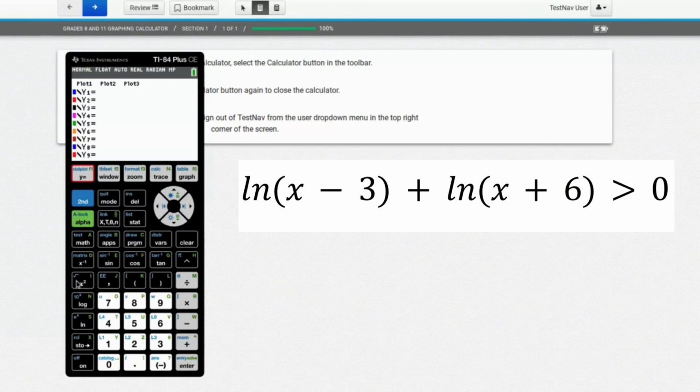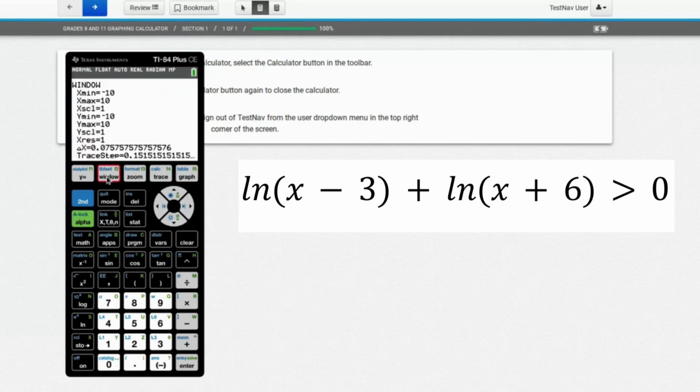So we hit y equals, we hit ln, which is right there, we hit x minus 3, we close the parentheses, we add ln, x plus 6, close it. And I care about when this is greater than or equal to 0, which is going to happen right around the 3 range.